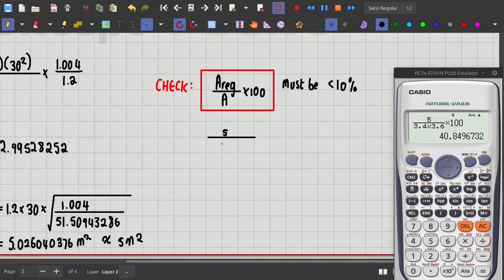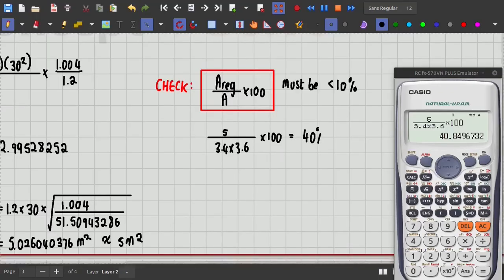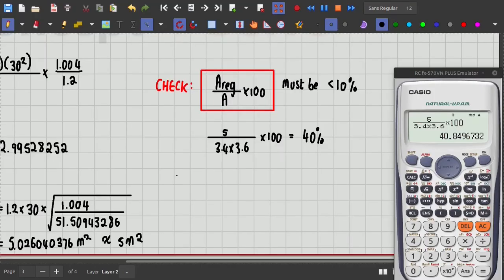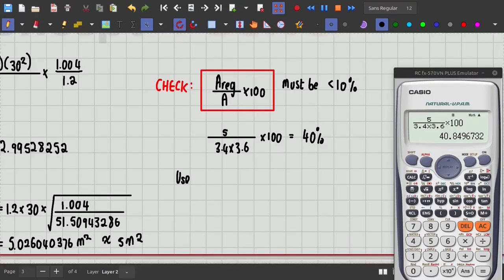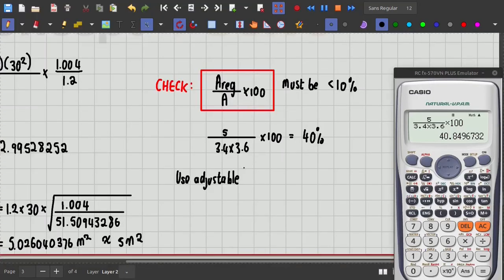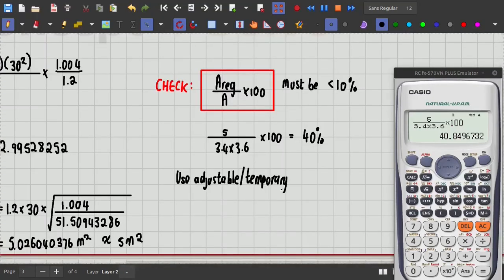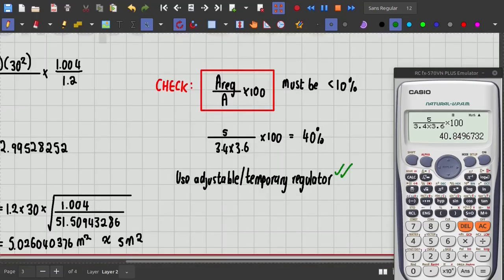Because this equation is only valid for a regulator area not bigger than 10%. So what happens if it's somehow greater than 10%? Then you would want to install a temporary or an adjustable regulator to adjust it until you reach the desired flow. You don't want a permanent structure greater than 10%. And that is the end of this video.